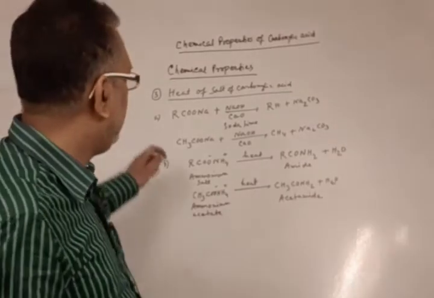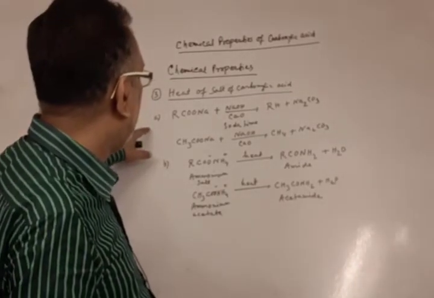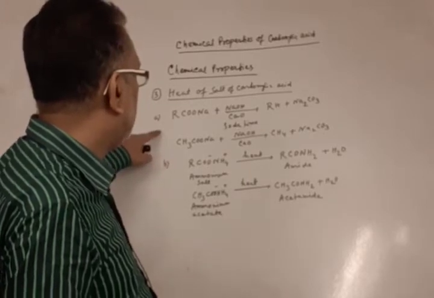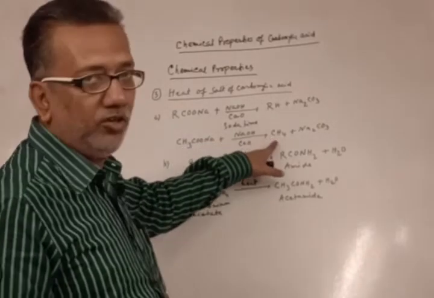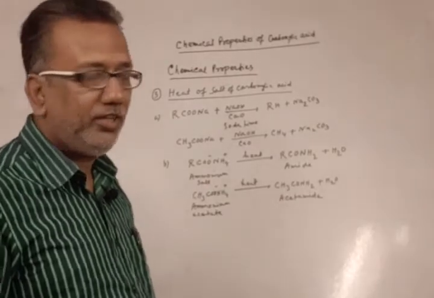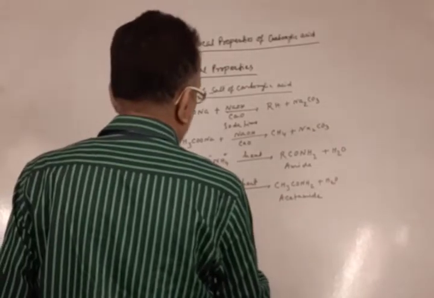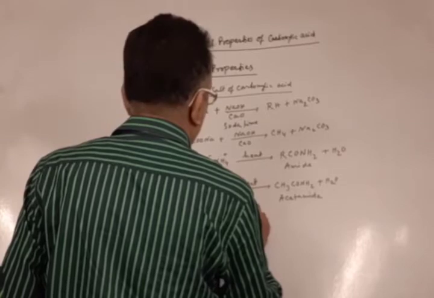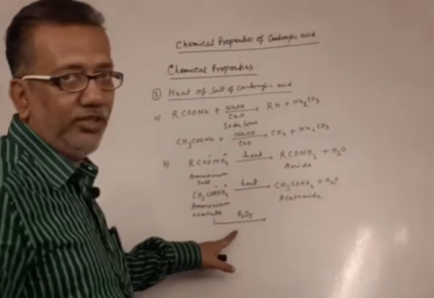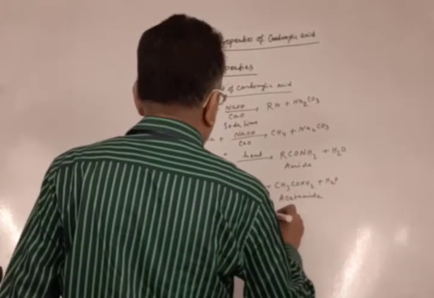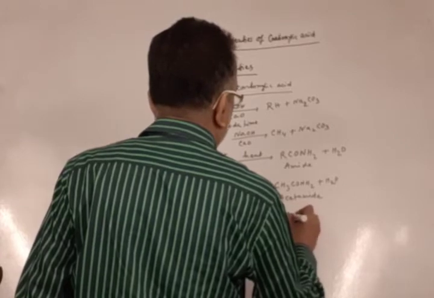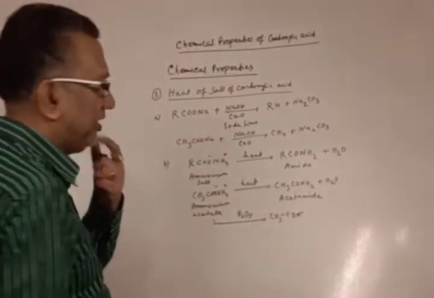So in these cases we are getting two different products. In case of sodium salt, we get the corresponding methane or alkane. In case of ammonium salt, we get the corresponding amide. And if we use P2O5, phosphorus pentoxide, which is a strong dehydrating agent, we get the corresponding cyanide, CH3CN, methyl cyanide.